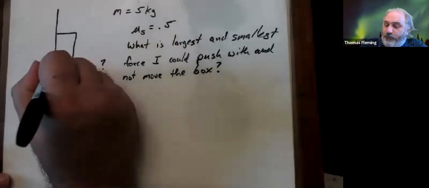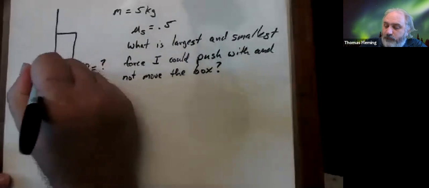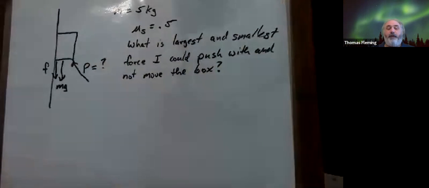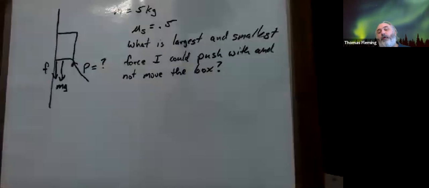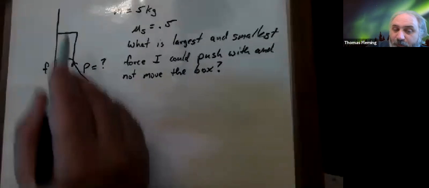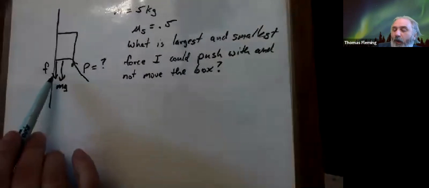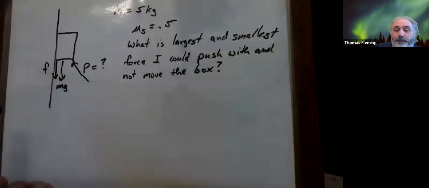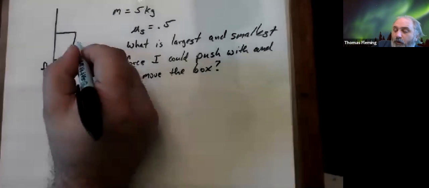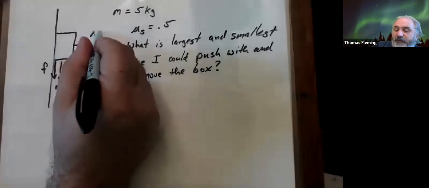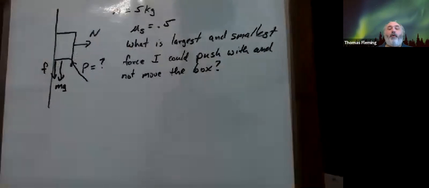And the friction would also be downward. So in that scenario, if I'm pushing super, super hard so that it would try to slide up the wall, then the friction would be helping gravity out by being downward. Now, there'd also be a force from the wall. That's a normal force. So in that situation, that might be my free body diagram.